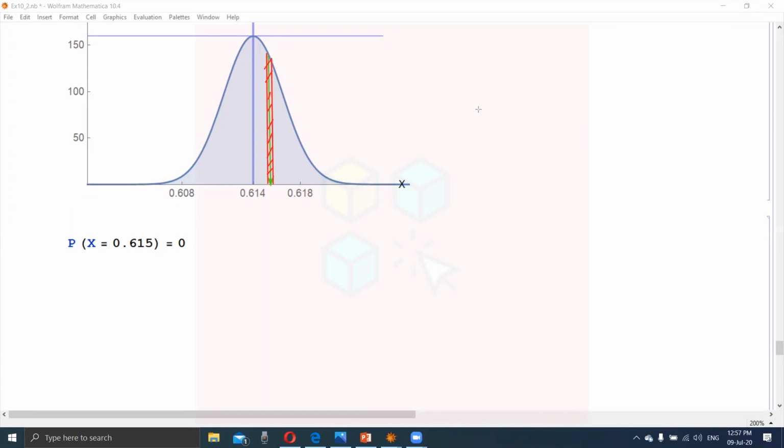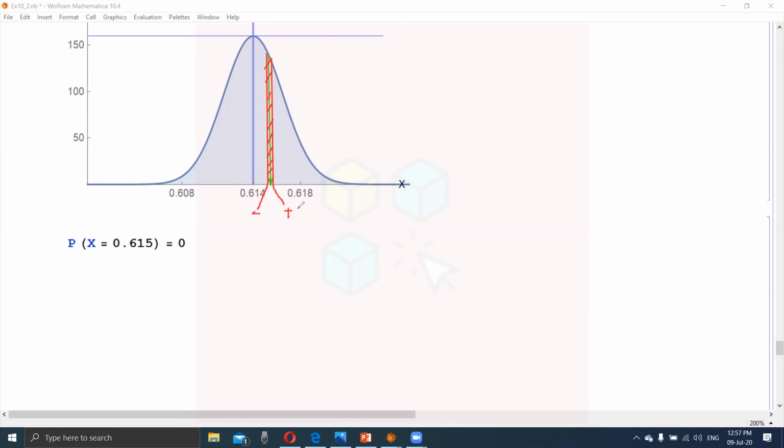We have to add and subtract our continuity correction to find these 2 points. For example, this left point and this right point. Right point will be obtained by adding continuity correction, and left point is obtained by subtracting continuity correction from 0.615.